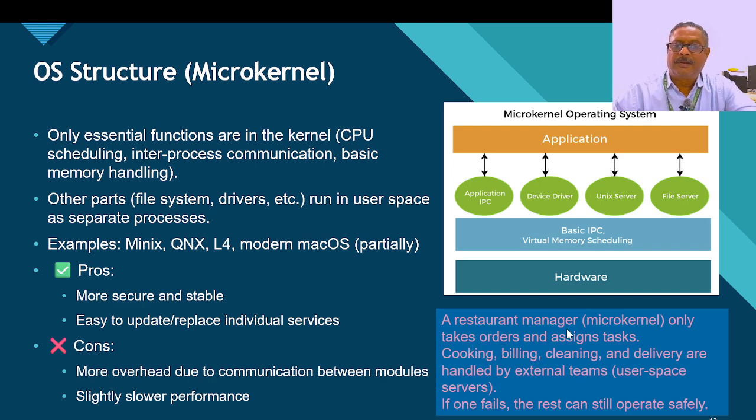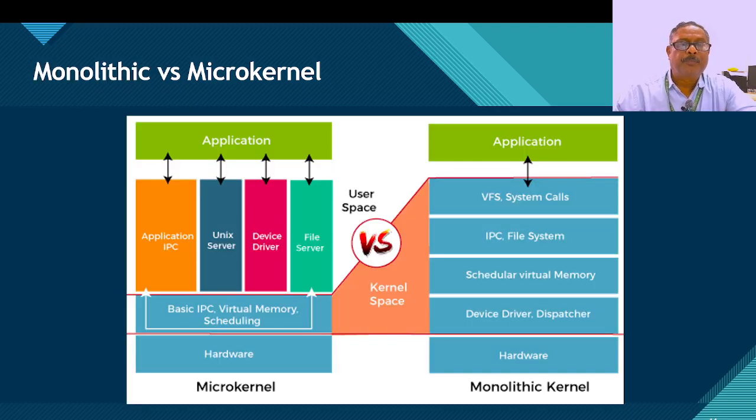Only the restaurant manager works in the kernel mode, and all others work in the user mode. If one fails, the rest can still operate safely. If one table has a problem with cooking or billing or cleaning, other tables will be running without any problem. If one item is not properly cooked, at least other items will be cooked. That is the advantage of working with a microkernel.